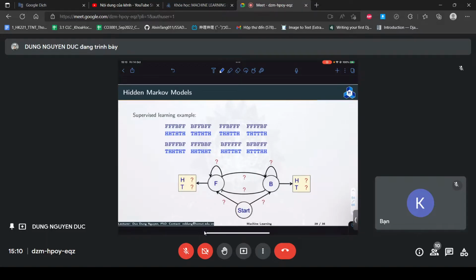Now let me count this one. So first, let's look at this example. In the supervised scheme, you have the data, right? So now let's count things. In terms of the prior, I would like to calculate the probability of y equal to F. Well, this one is equal to, let's see, 1, 2, 3, 4.